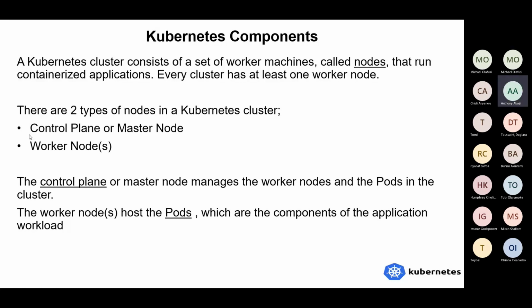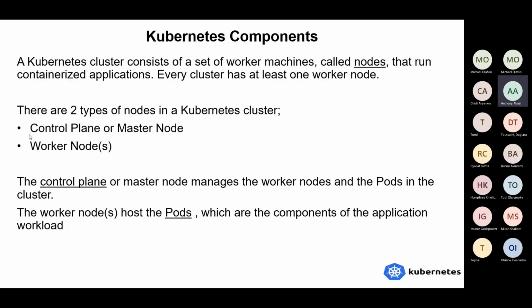The control plane manages these worker nodes and the pods that are in those clusters. The worker nodes are the ones that host what they call pods, which contain the application that you are working with. We'll go down to the next slide.